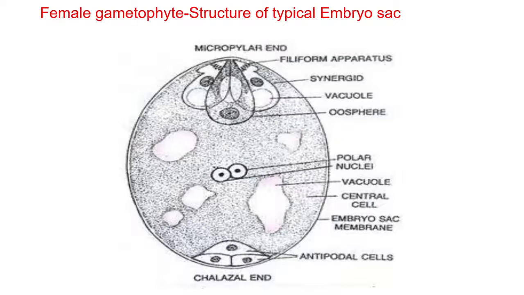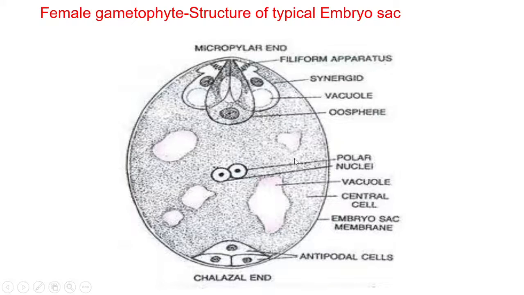Now let us see female gametophyte structure and embryo sac. Female gametophyte is nothing but the embryo sac developed from functional megaspore in the nucellar tissue of the ovule.